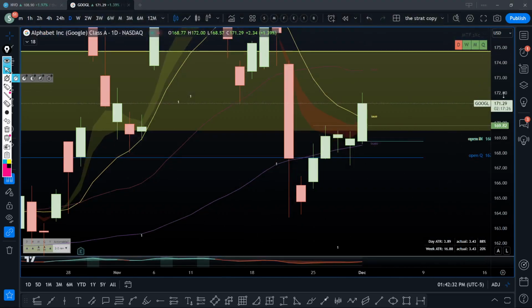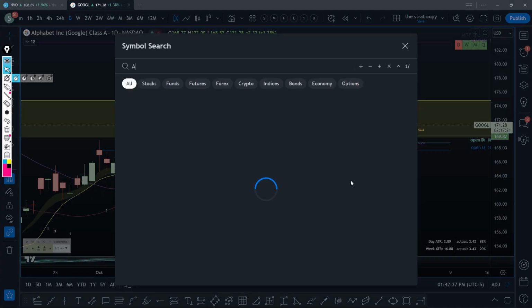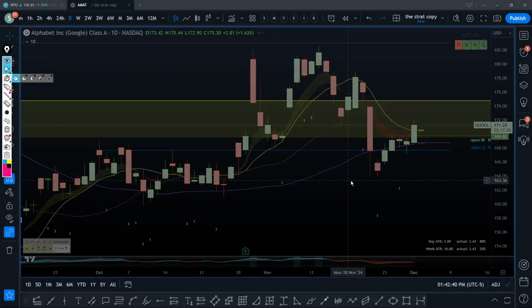I don't have too much anything else to look at. We could take a look at AMAT, which is what Key caught today.